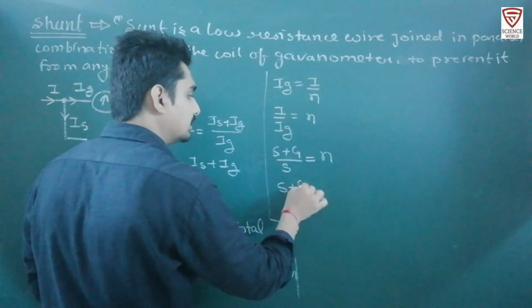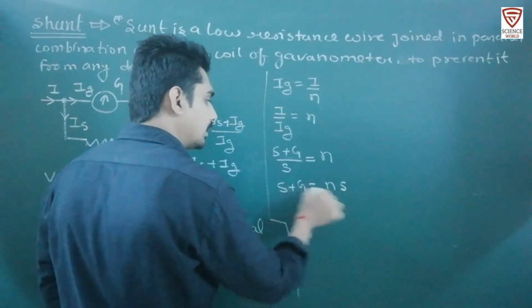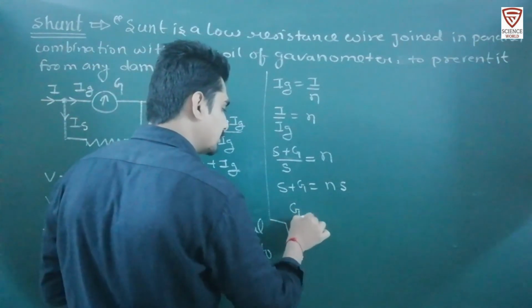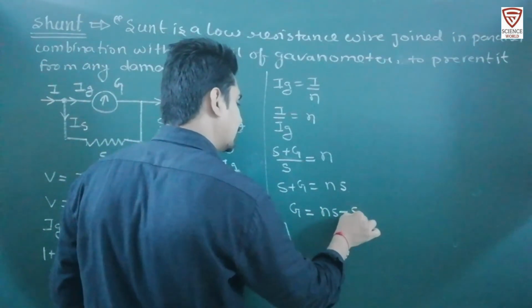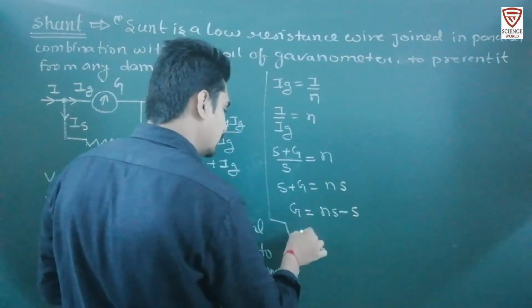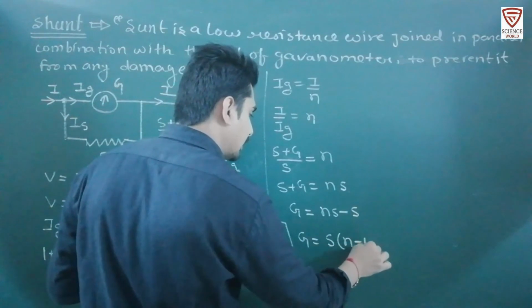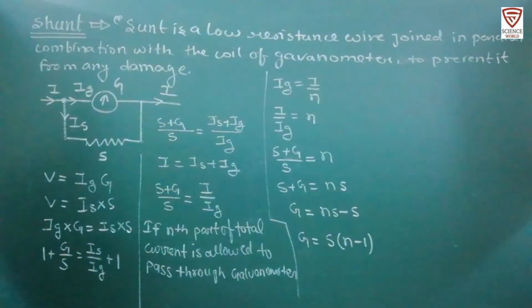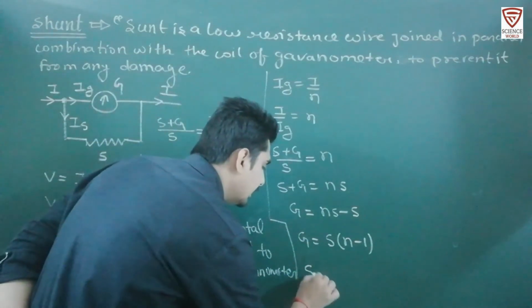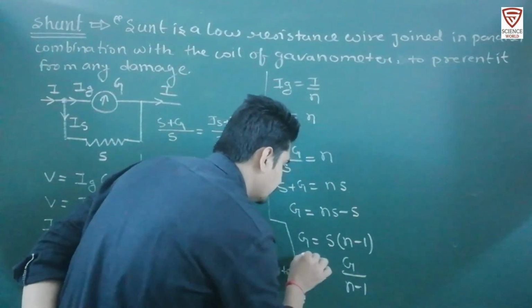So S plus G is equals to nS. Transposing this S, G will be equal to nS minus S. So G is equals to S into n minus 1. So we can write down S is equals to G upon n minus 1.